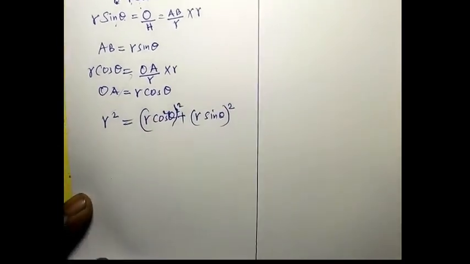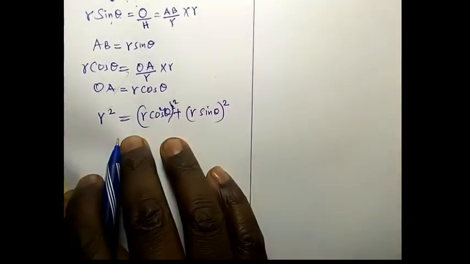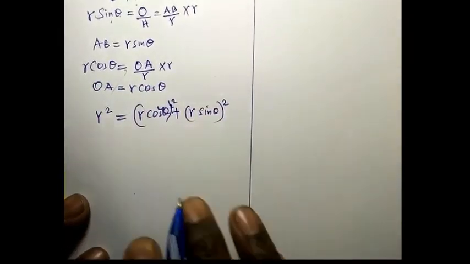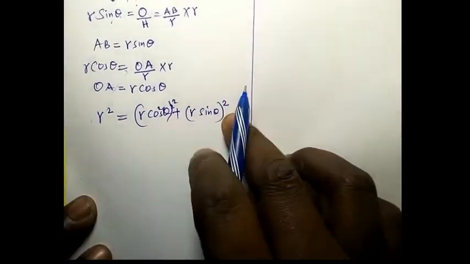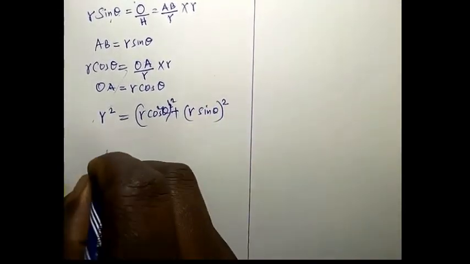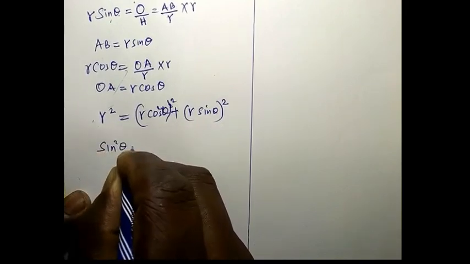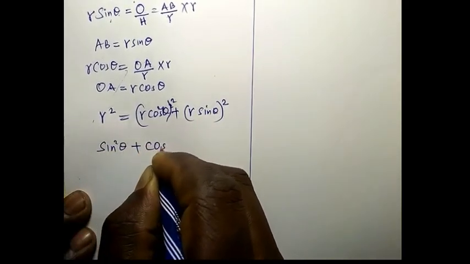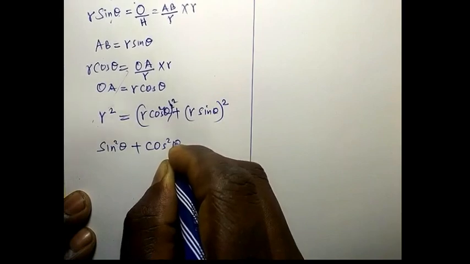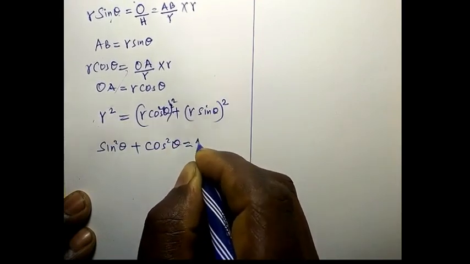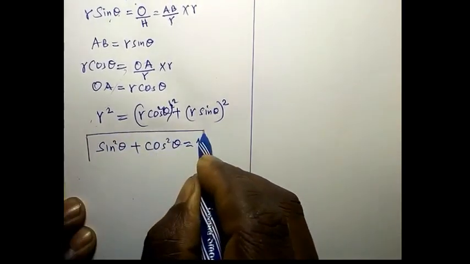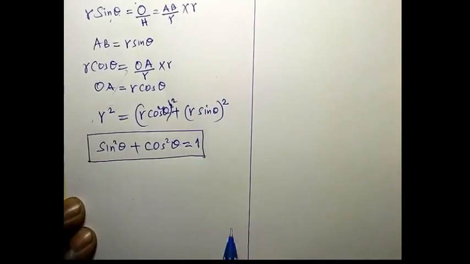I don't want to go through all of it, but after simplifying, we are going to get that sine squared theta plus cos squared theta equals 1. So this is the equation that we wanted to derive.